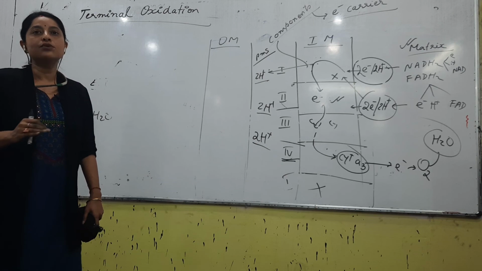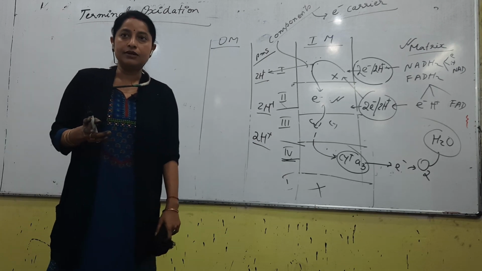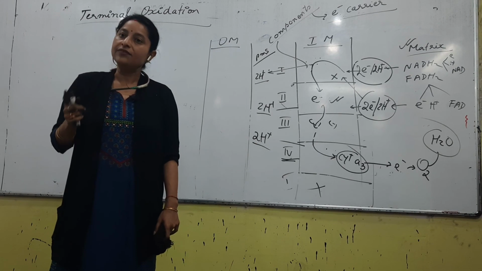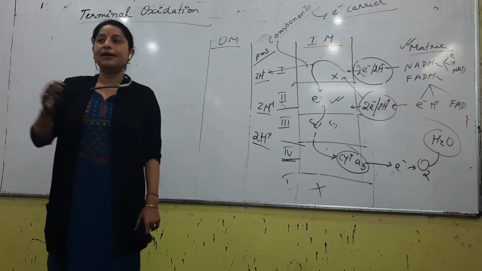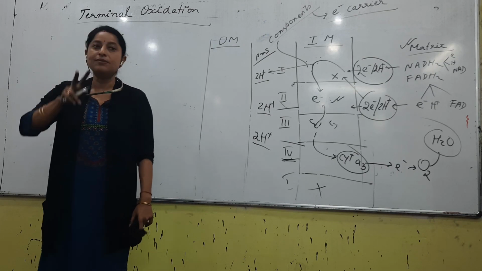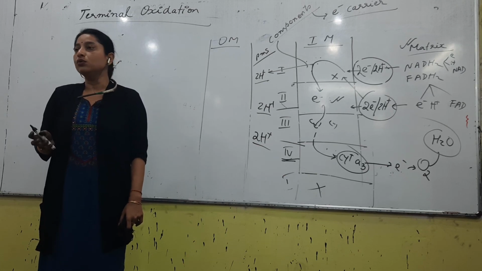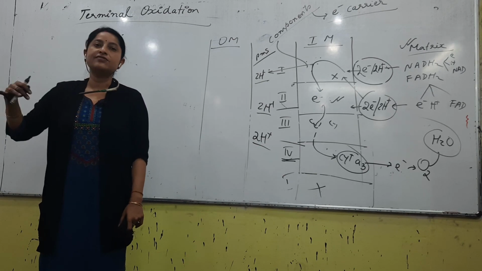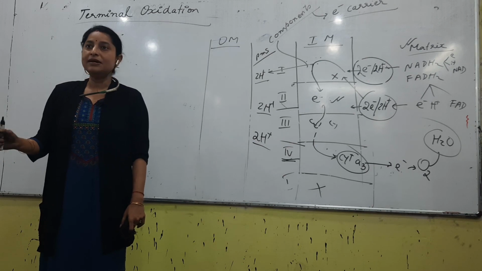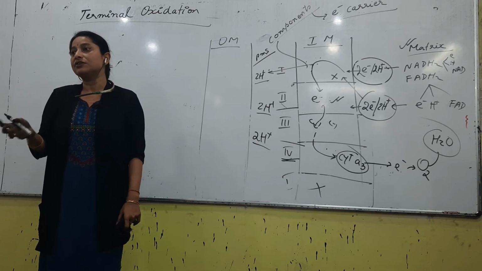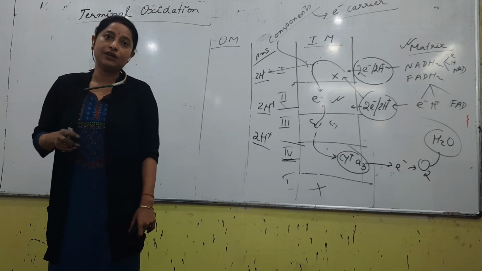Water production, which is responsible? Electrons are responsible. Whose electrons? NADH2 and FADH2 electrons. From where do they come? From the matrix, they go to the inner membrane. What is there in the inner membrane? Complexes and components. What do they do? Take the electron, carry and transfer it to the next complex. Ultimately, at last, the electrons are taken in by cytochrome A3.